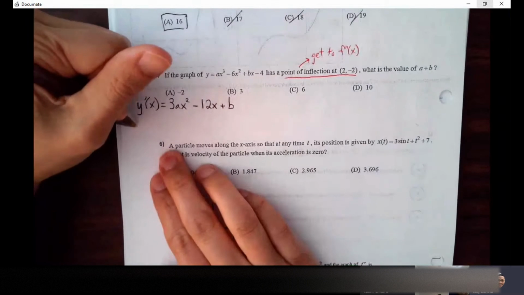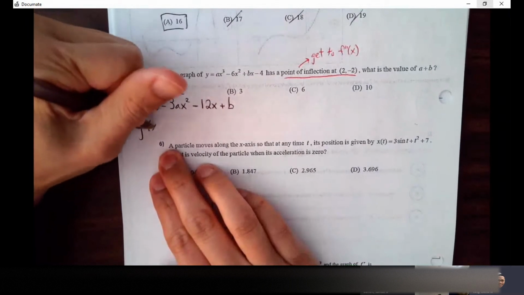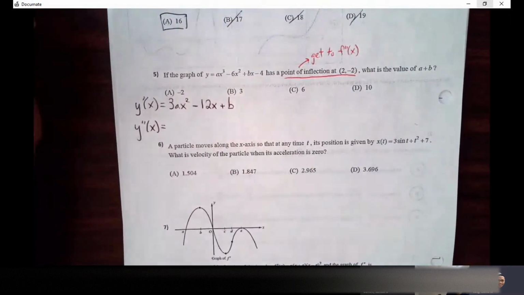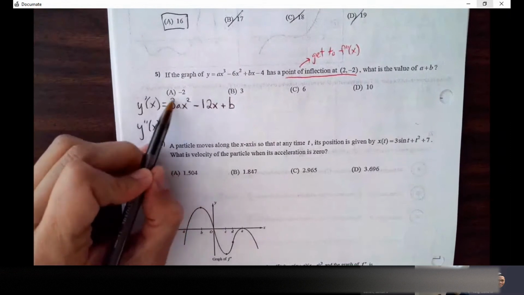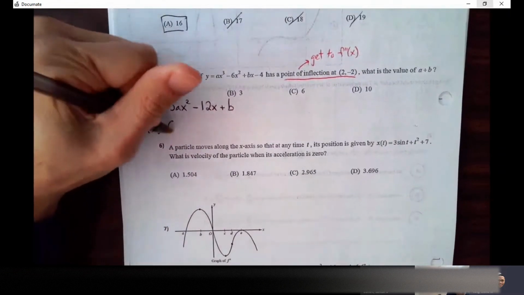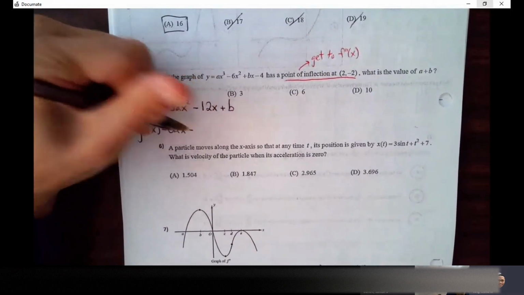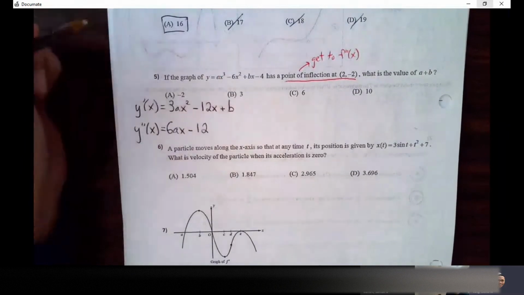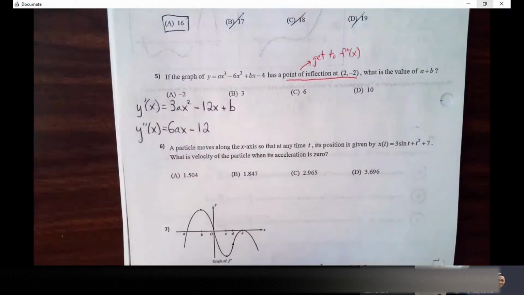All right, moving on to the second derivative. Power rule, bring down the 2, we get 6ax minus 12. 12x becomes 12, and b goes away to 0.